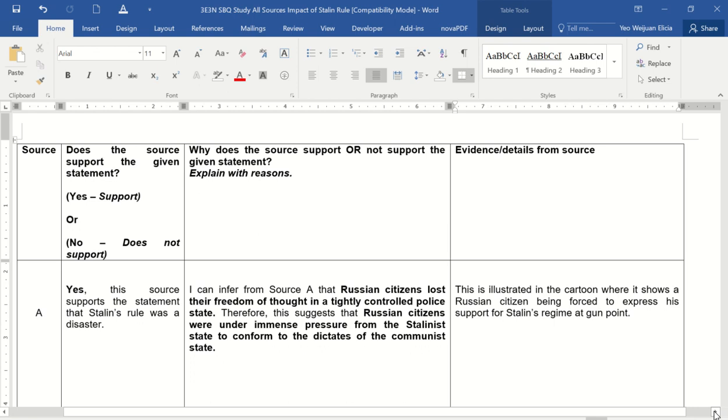After you have identified, you must explain why the source supports the statement. So I can infer from source A that the Russian citizens lost their freedom of thought in a tightly controlled police state.